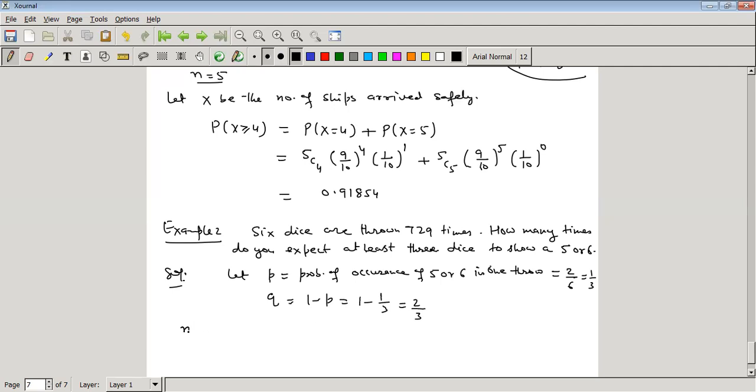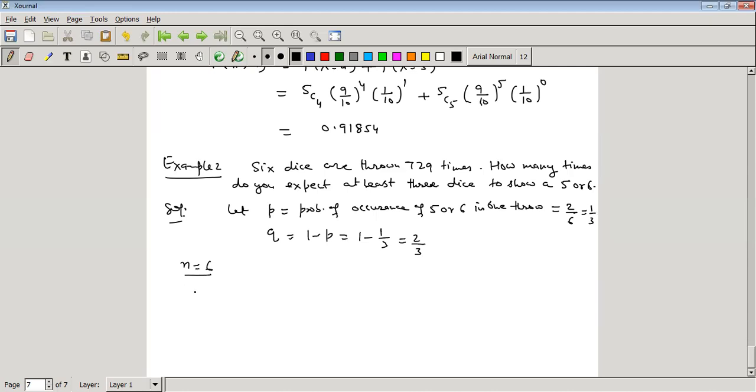So we have number of trials n equal to 6 here. 6 dice are thrown, right? So number of dice n equal to 6. How many times do you expect at least 3 dice, out of these 6 dice, to show 5 or 6?